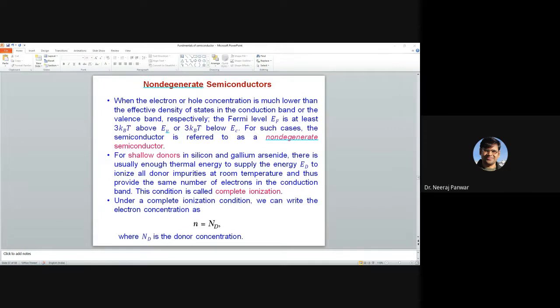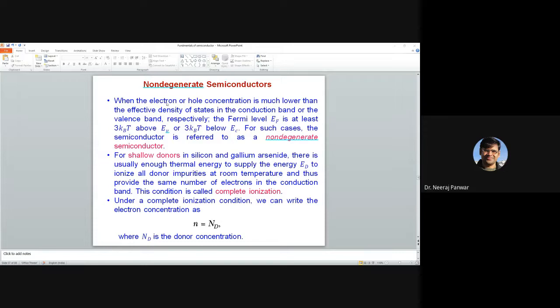Now we discuss two terms. One is the non-degenerate semiconductor, and next we will discuss the degenerate semiconductor. I want you to recall the order that I told you to remember. The effective density of states at the conduction band edge is of the order of 10 to the power 18 to 10 to the power 19.